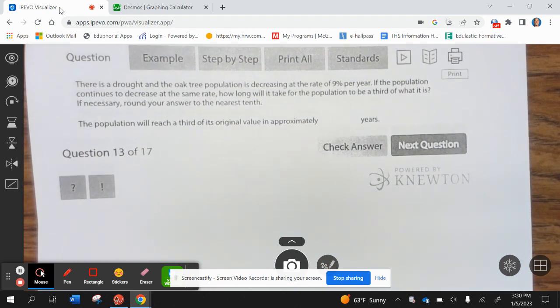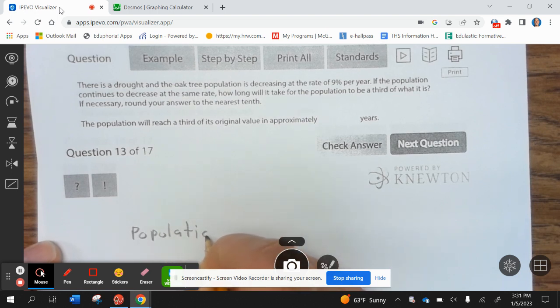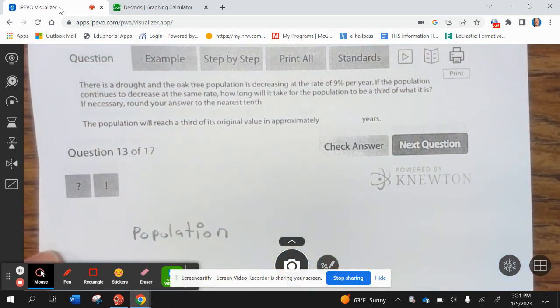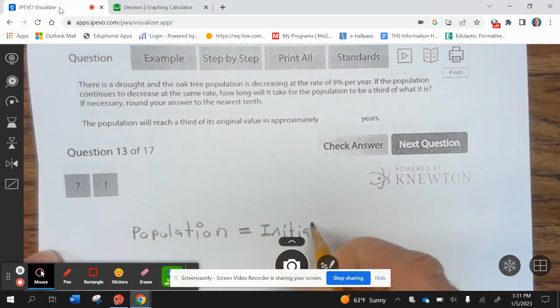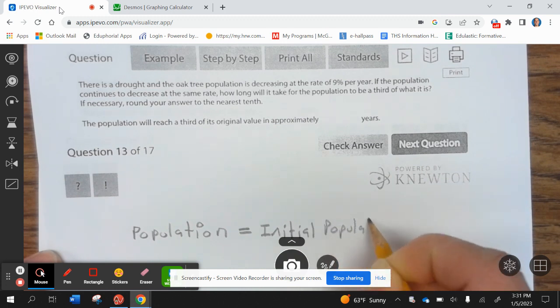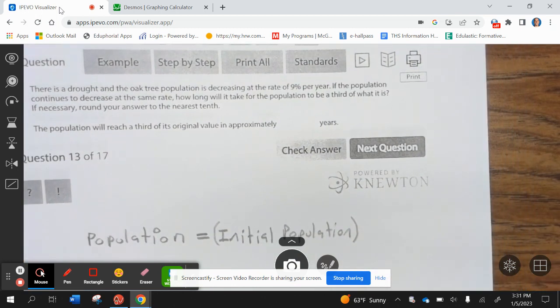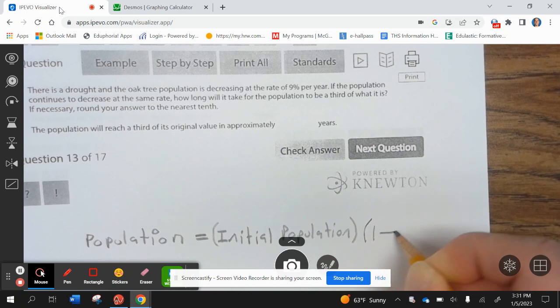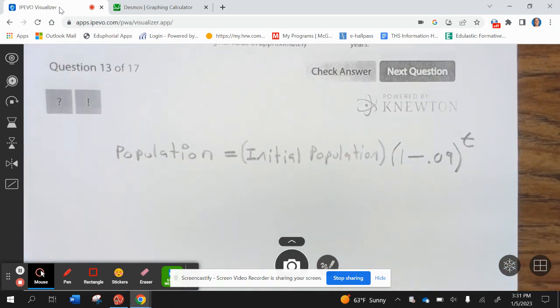Okay, so the population equals the initial population times 1 minus 0.09 to the t.